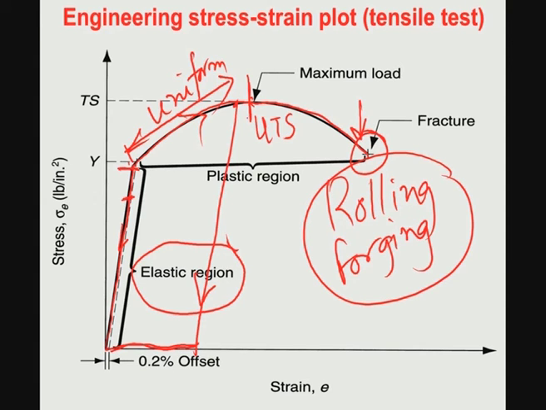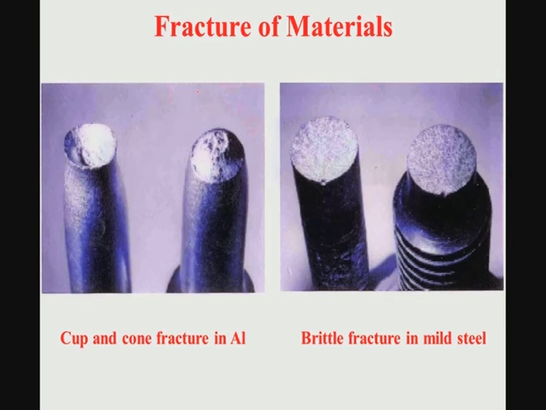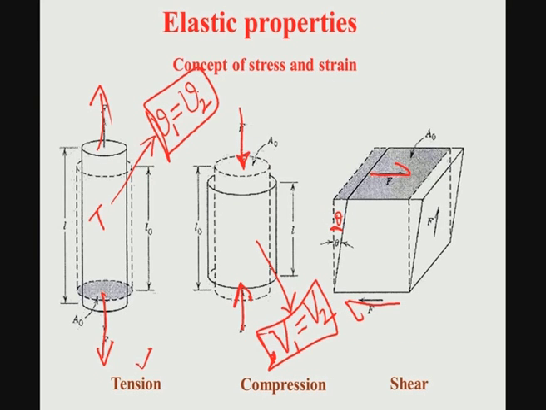Up to the point of UTS, metal will undergo uniform deformation. What is the meaning of uniform deformation? If you go back to the basic description of this tension, what I said, as you apply the load, I am focusing on this part. If you apply the load, the metal will stretch. So, the increase in the length will be commensurate with the decrease in the diameter of the cylinder.